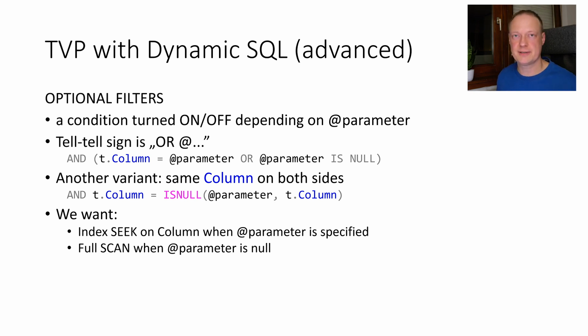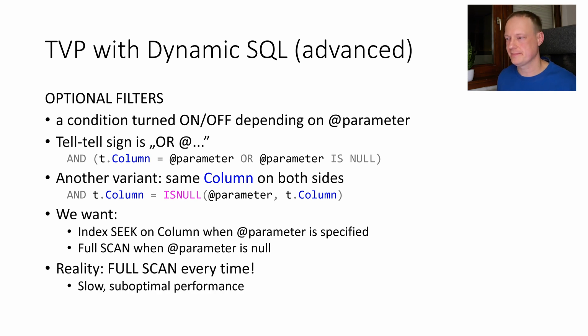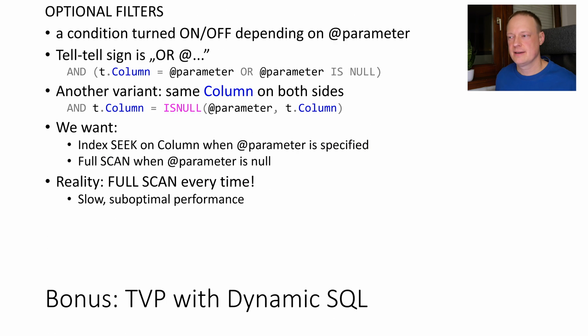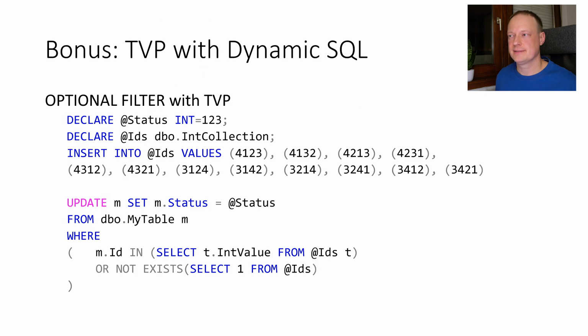And how to solve this efficiently inside of SQL? Well, first, let's see what people usually do. They say, okay, my optional parameter is an array. And I want to say, if that array is empty, give me all the rows. If I have values in that array, give me only the rows I specified.